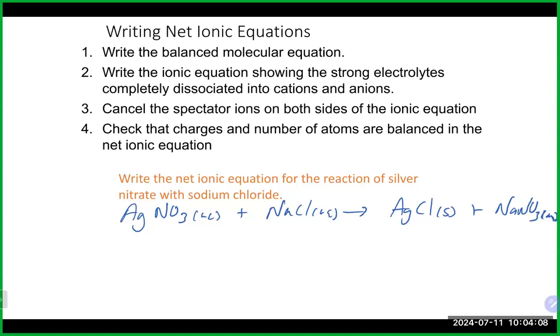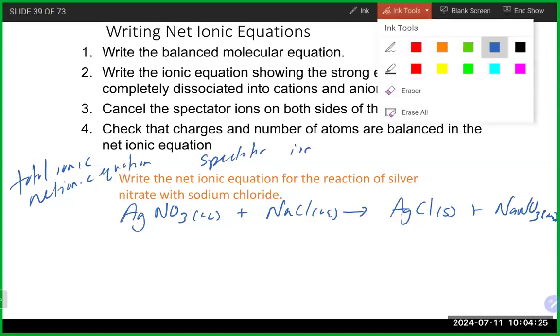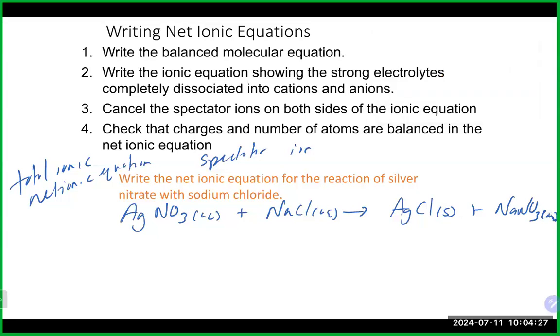Why don't you write the total ionic equation for this one? Why don't you write the net ionic equation? And why don't you also figure out the spectator ions? Take a moment and do that. Again, I think we did this one with solubility rules a minute ago, right up there.